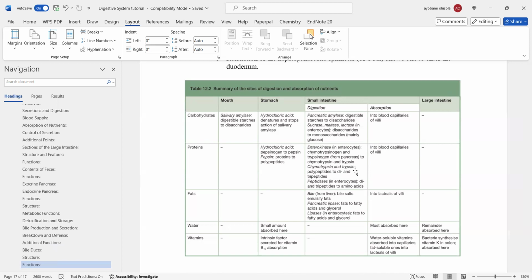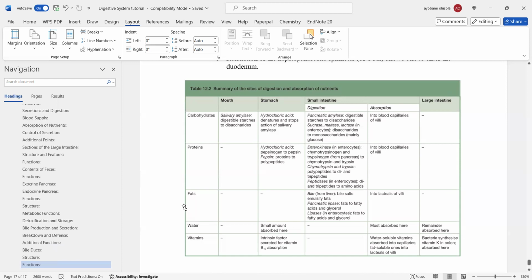Enterokinase converts chymotrypsinogen and trypsinogen to chymotrypsin and trypsin. Now, chymotrypsin and trypsin break down polypeptides into di- and tripeptides. Then peptidases in the enterocytes break down di- and tripeptides to amino acids. Then the amino acids are absorbed in the small intestine.